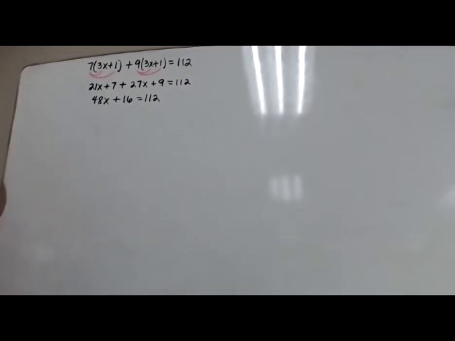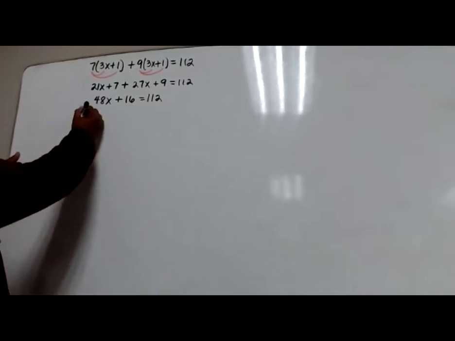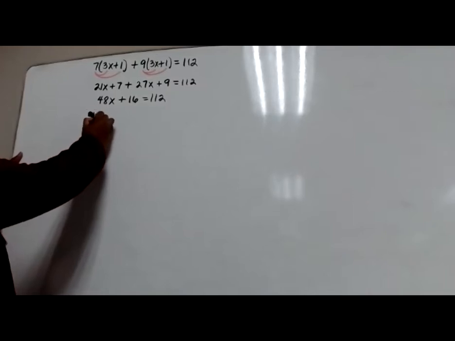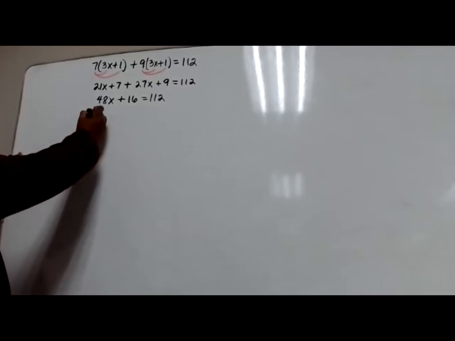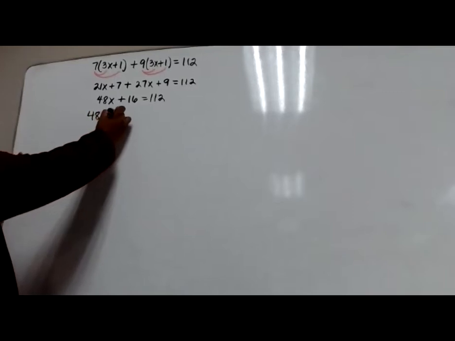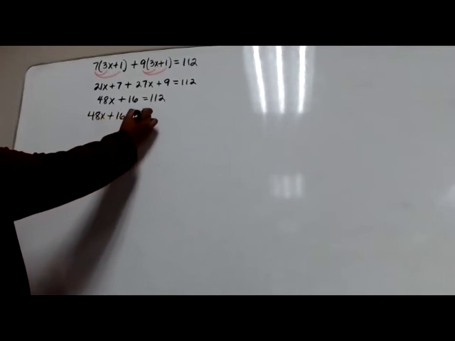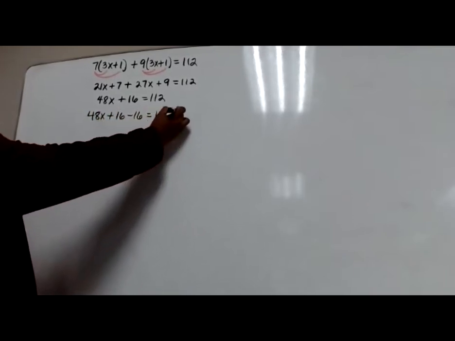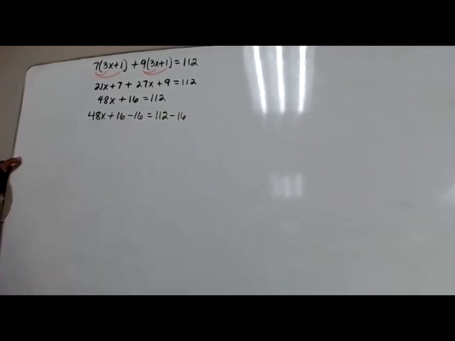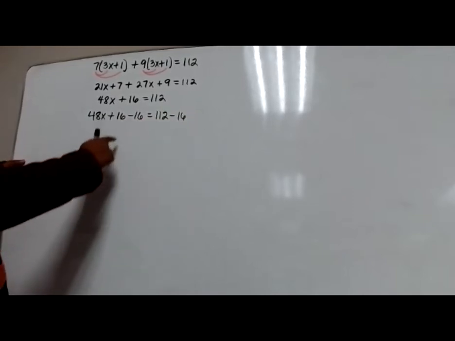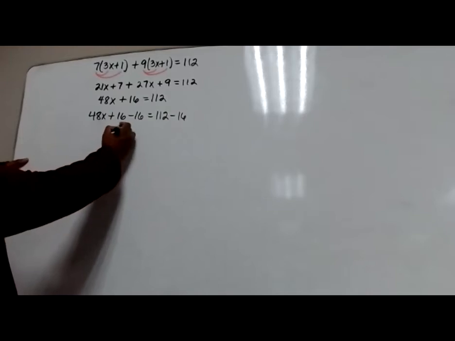And now to solve this equation, I need to get 48x by itself. I'm adding 16, so the opposite of adding 16 would be to subtract 16 on both sides. Adding and subtracting 16 is the same as adding 0.